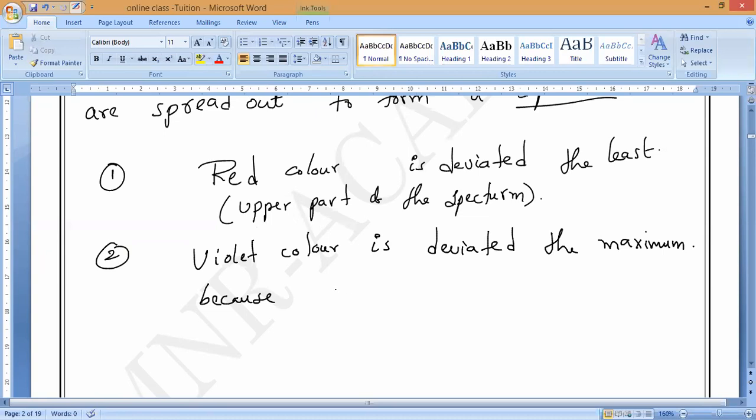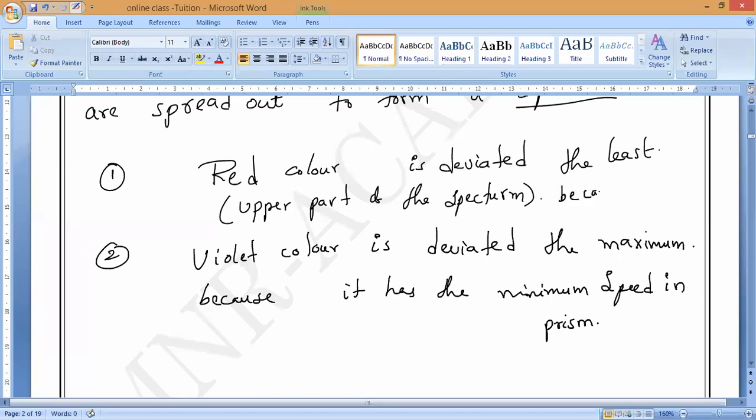Because it has the minimum speed in the prism. Is it okay, Varshini? Red deviates least because it has maximum speed. Is it okay, guys?